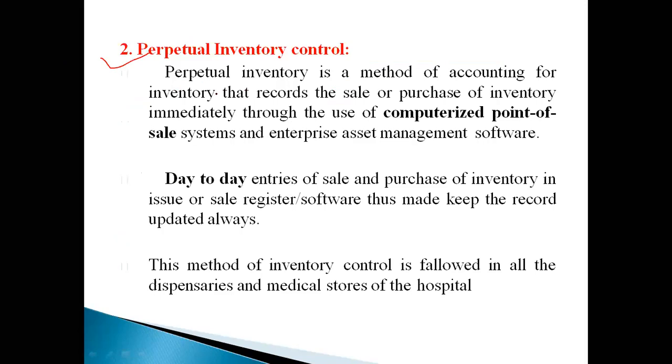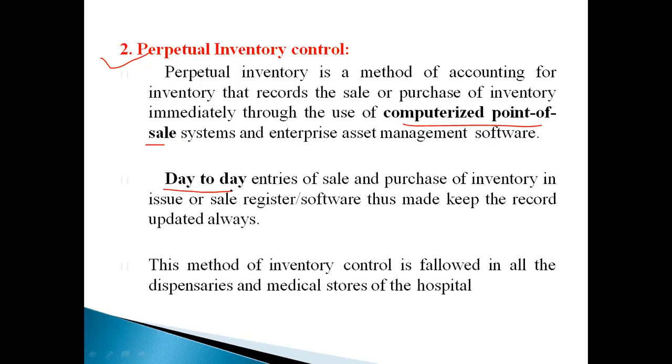Perpetual inventory is a method of accounting for inventory that records the sales or purchase of inventory immediately through the use of the computer point of sales, or it is called day to day entries of sales and purchase.